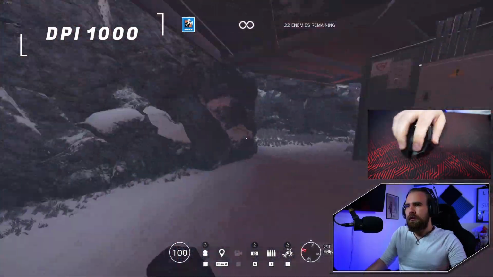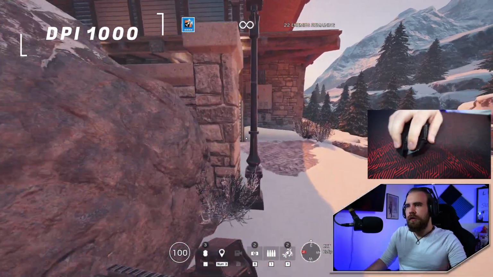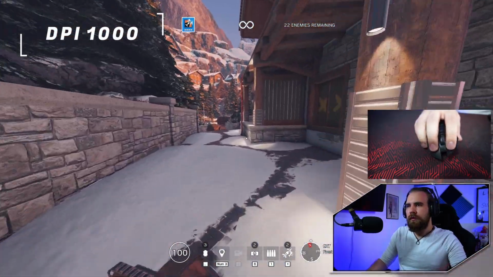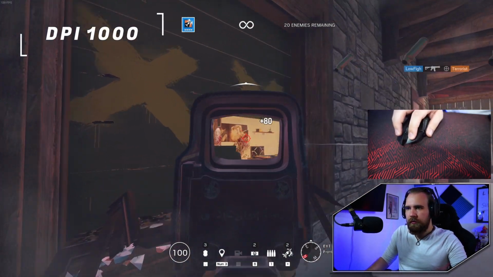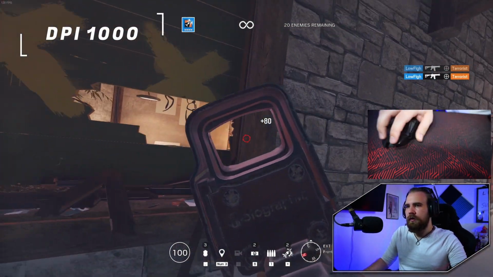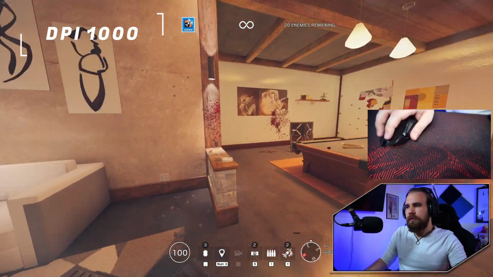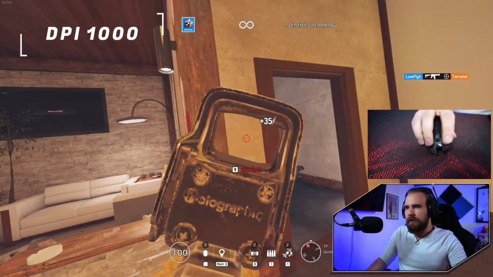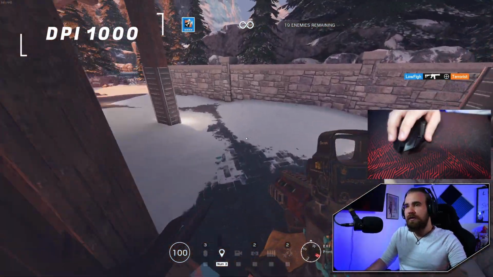So as you can see, I do use quite a bit of arm movement to get things done, but this is kind of what I'm used to in terms of DPI amounts. Don't mind the gameplay, that's not the focus here.